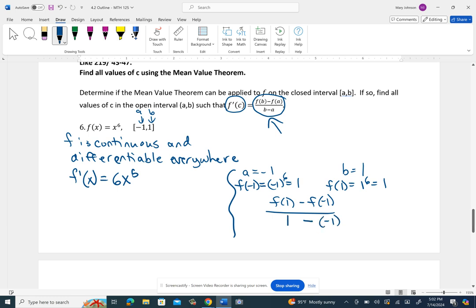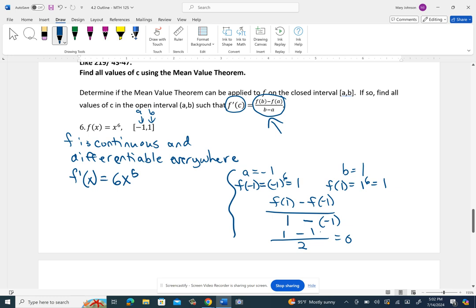And watch it, that's 1 minus a negative 1. So f of 1 was 1. I'll write it here, 1. F of negative 1 was also 1. Don't need the parenthesis. And the denominator is 1 plus 1, or 2. So we wind up getting 0 for that. Okay.